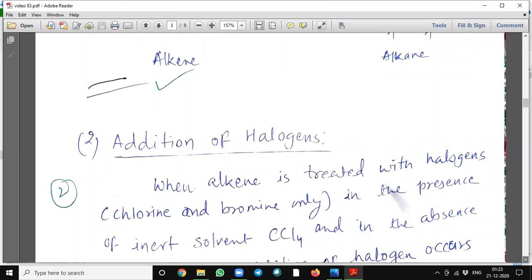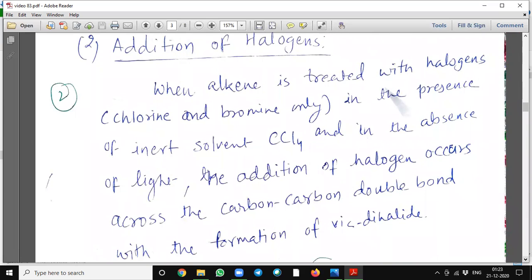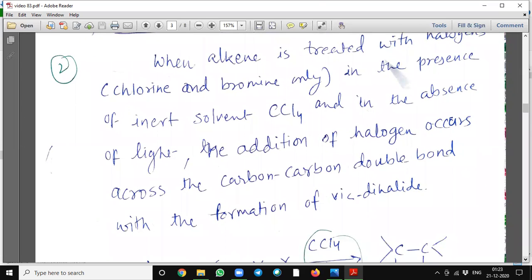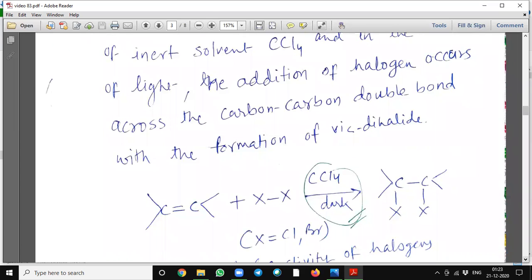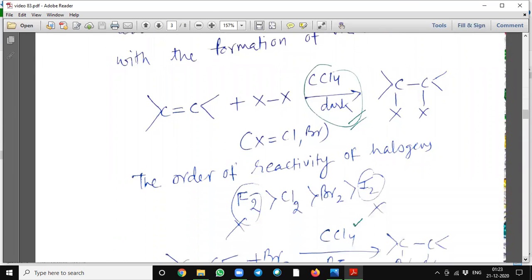Addition of halogens. When alkene is treated with halogens, chlorine or bromine molecule, in the presence of inert solvent carbon tetrachloride, in the absence of light, the addition of halogen occurs across the carbon-carbon double bond with the formation of vicinal dihalide.